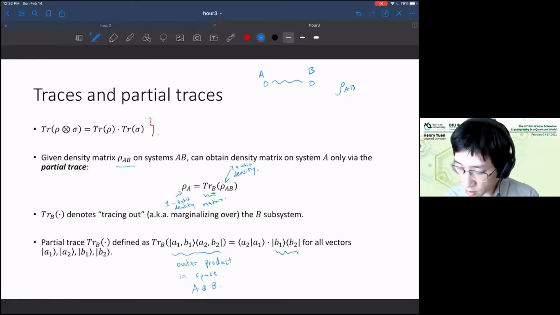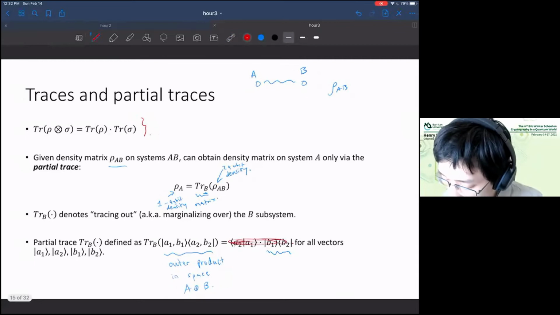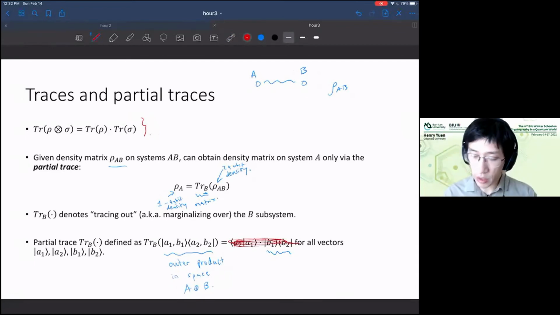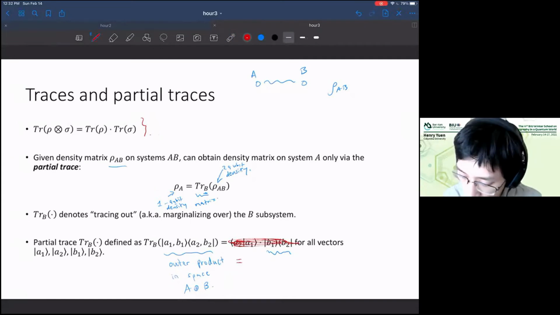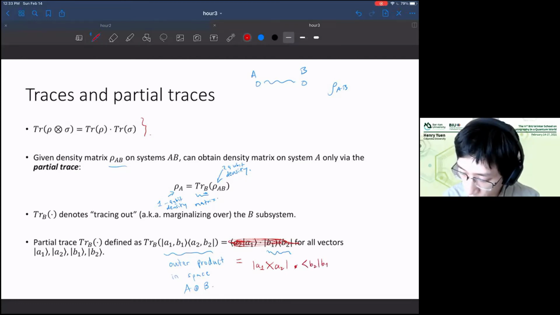Oh, sorry, I think I got this wrong. So let me cross this out. It's actually the other way around. We're discarding the system B, so this should be equal to the outer product between A1 and A2 times a number, which is the inner product between B2 and B1.